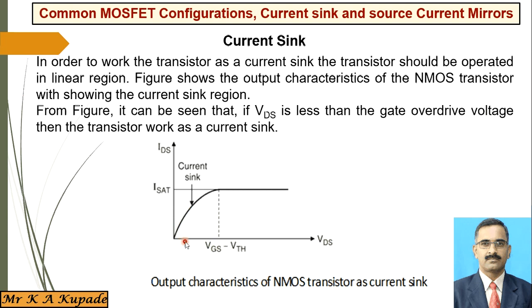Now VGS is less than VTH, but it is in an increasing position, and for that the current increases only slightly, not that much. Another thing is that VGS has not reached VTH, that means the threshold voltage has not been reached. So the figure shows the output characteristics of the NMOS transistor, showing the current sink region.